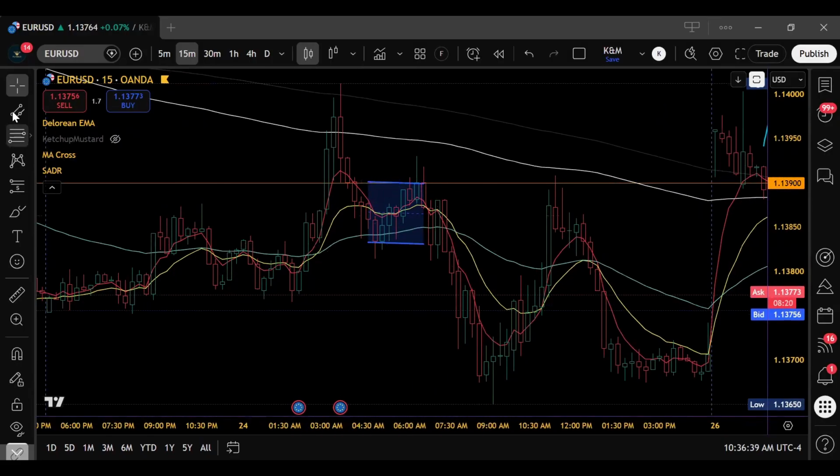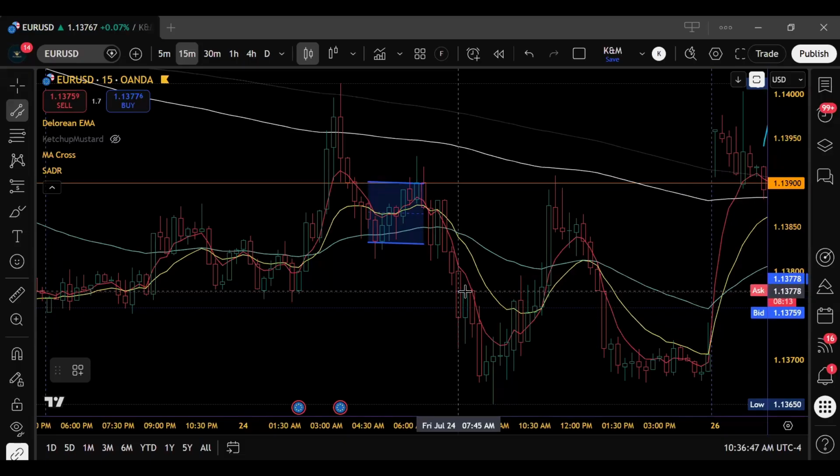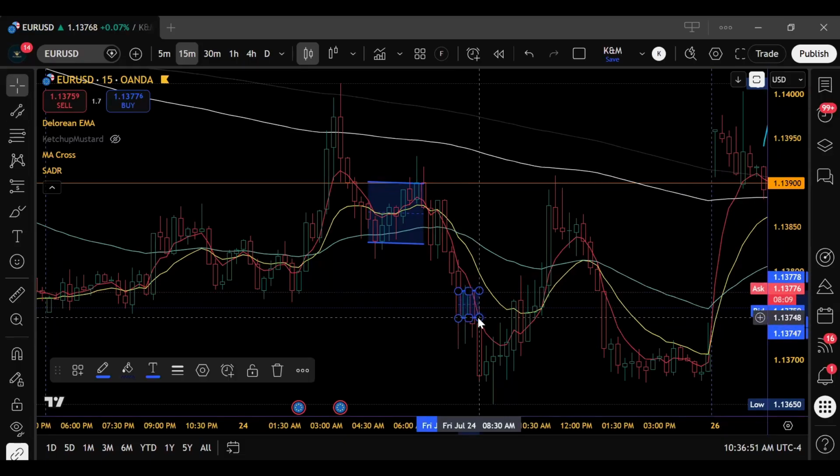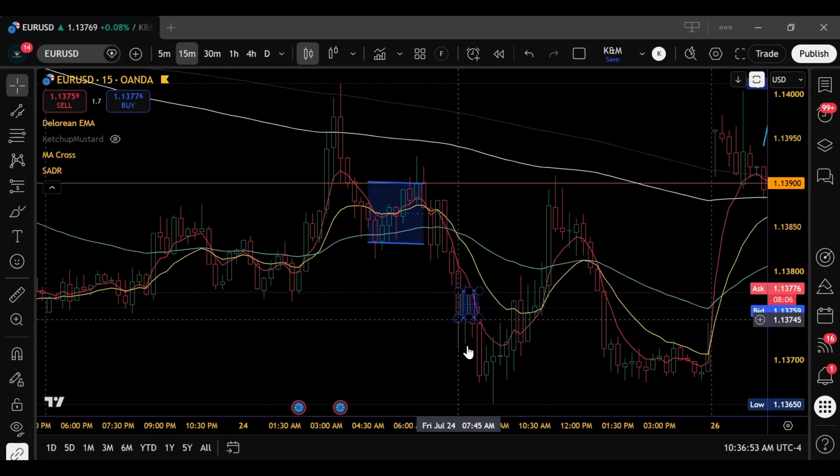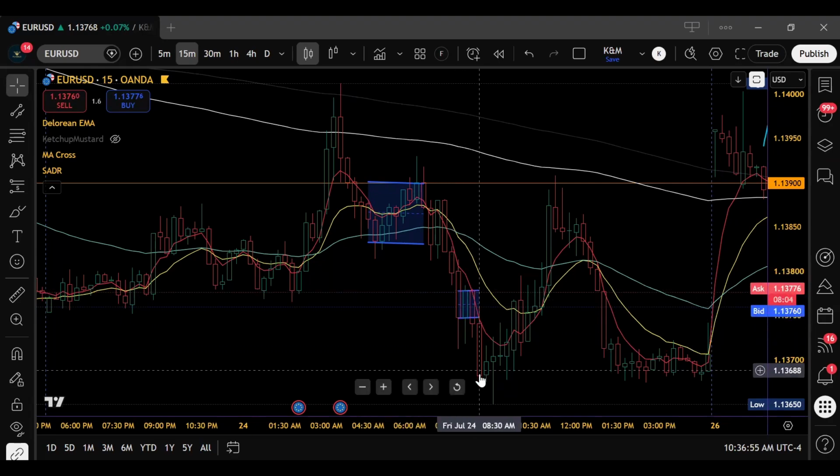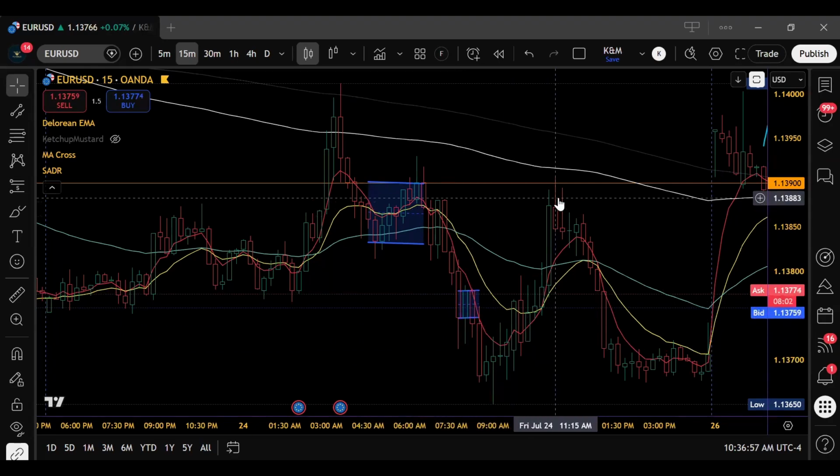That's our level one. And this was just simply one pullback right here. So this is actually our level two. And then it did one more push for three, and then it reversed.